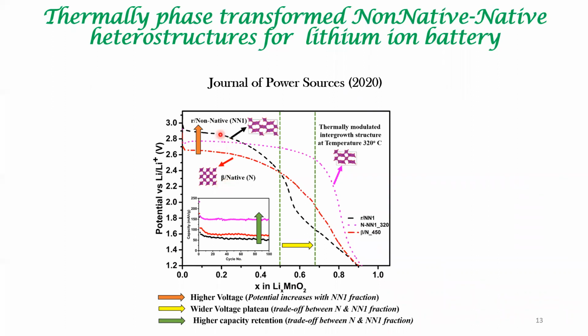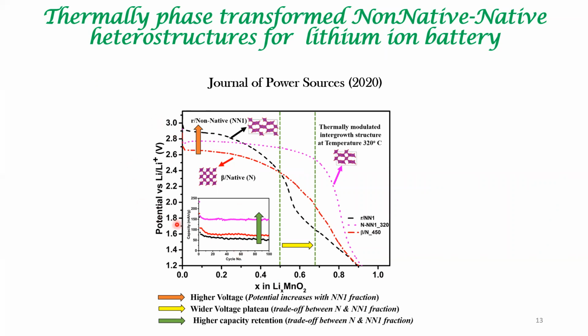Then we can modulate the intergrowth structure, that is a native, non-native structure, and there is a complete non-native phase. So by modulating between these three regimes, that is from the native structure to a non-native structure and native, non-native structures in between, we can improve the voltage and we can increase the voltage plateau.